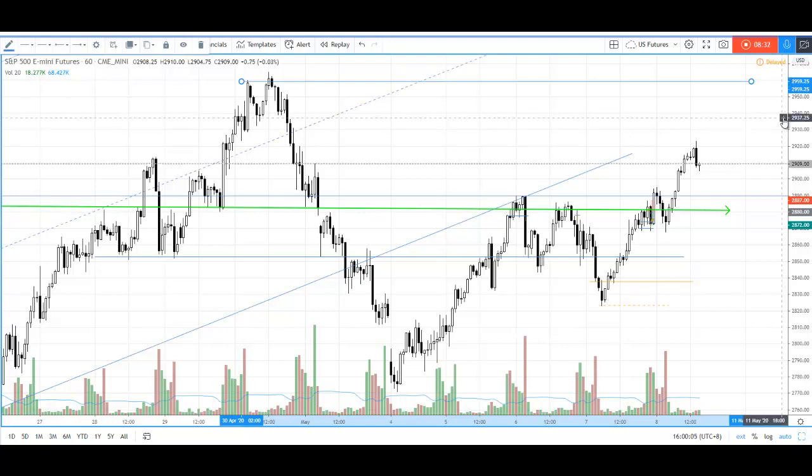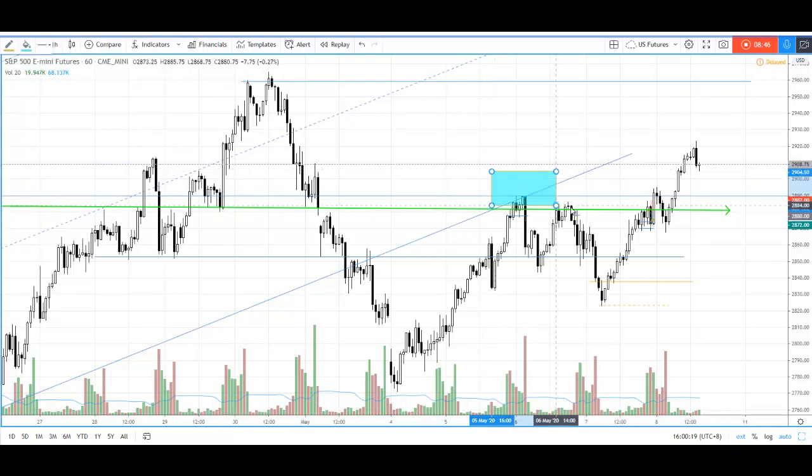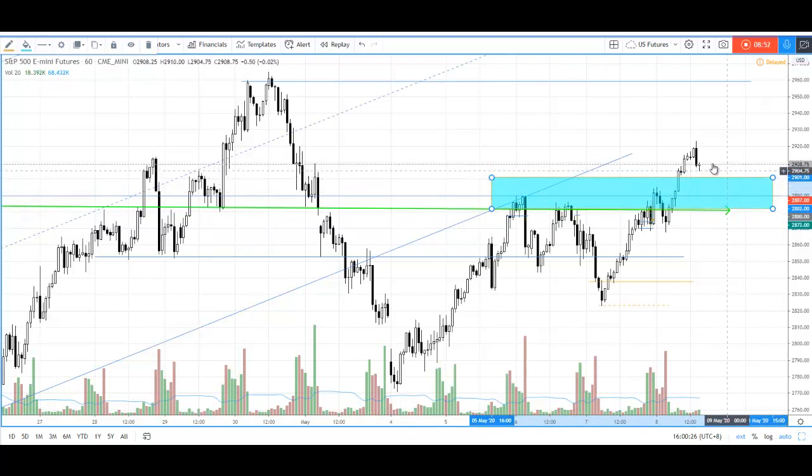For the support levels, obviously it is the region from 2880 to 2900, and this is where I expect a test of this area with a backup action. Let me move down a bit, somewhere around here.